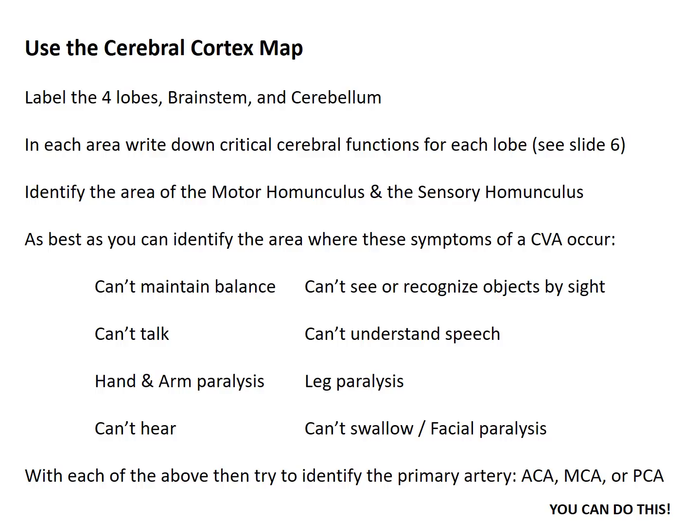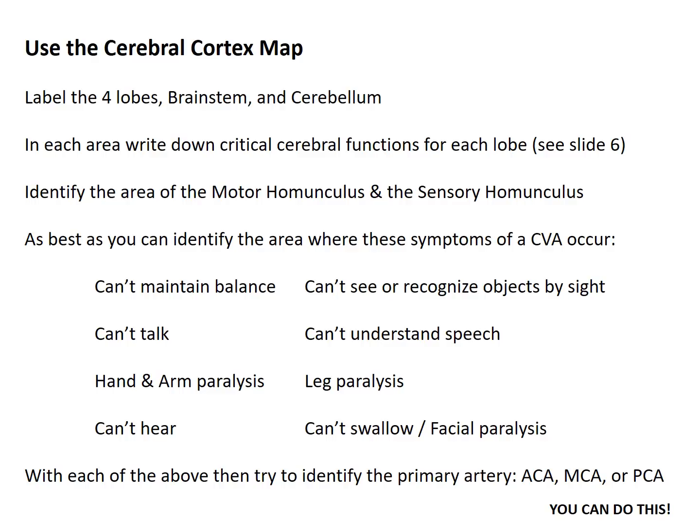So one person can't maintain balance. Another person can't recognize objects by sight. One person can't talk. One person can't understand speech. One person has arm and leg paralysis. Another person has leg paralysis. Another has arm and hand paralysis. The other one has just leg paralysis. One person can't hear.